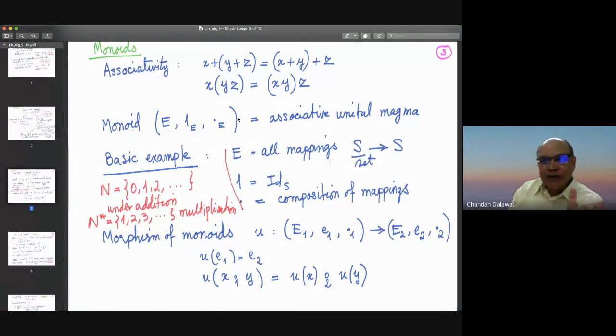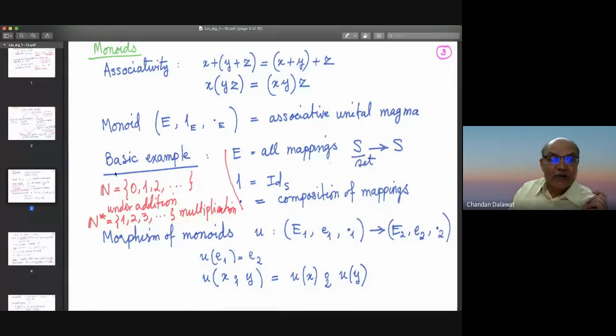Okay? A monoid is a very simple concept. It's just a set with a law of composition and a special element. The law of composition has to be associative, and the special element has to be a unit for that law of composition. Okay? So such things arise very naturally in nature all the time.